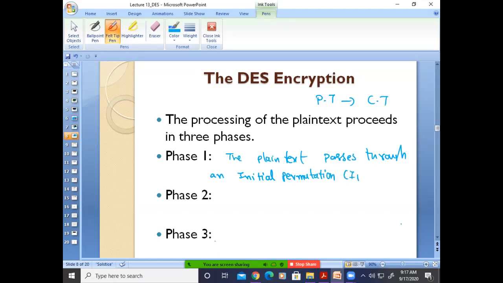We will denote it by IP. What is a permutation? It's just rearranging the bits, that's it. Suppose we take 4 bits, 1010, as the plain text.